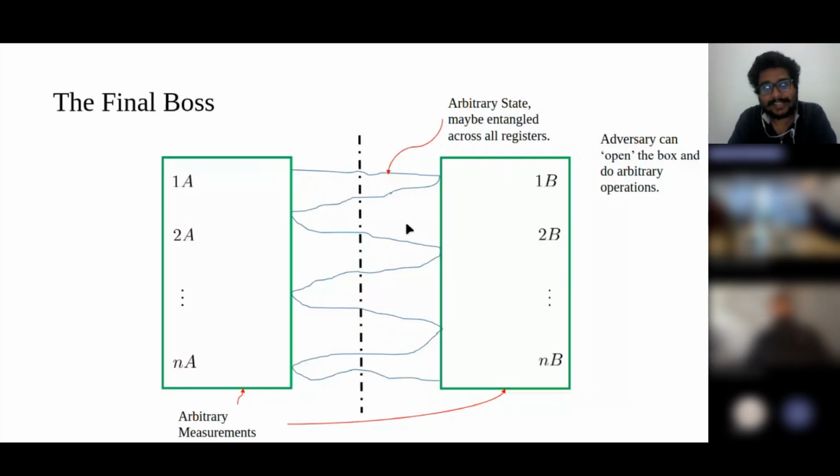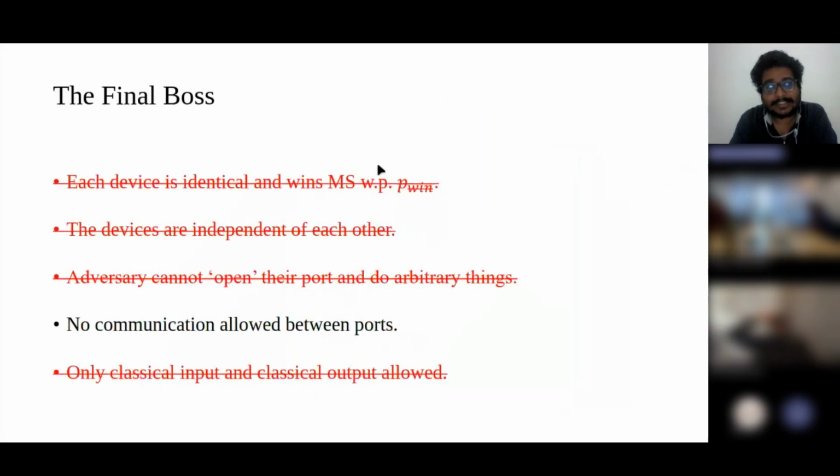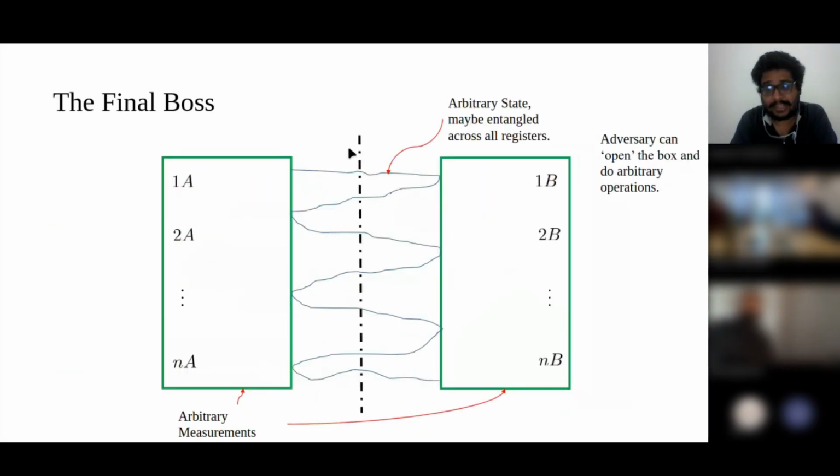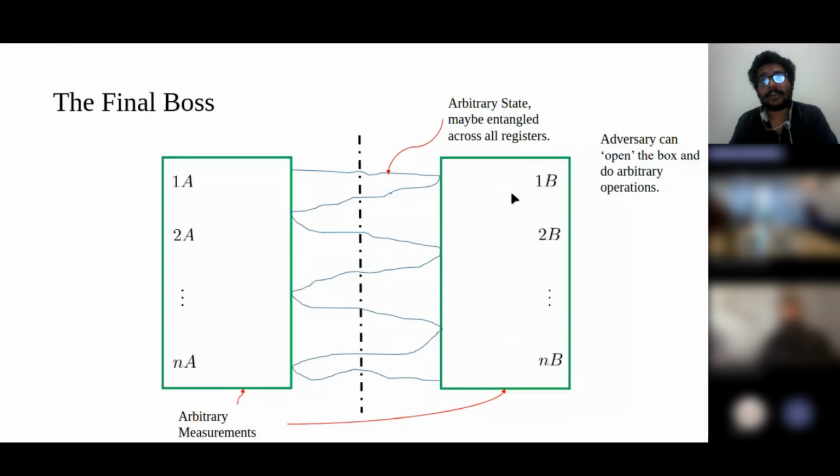So the final boss is basically this, that none of these assumptions apply. The states being shared across your devices might be arbitrarily entangled. The measurements being made on Alice and Bob's ports might be arbitrary joint measurements. So the question is, how the hell do you design device independent protocols in a setting that is this complicated, where you have essentially no structure?